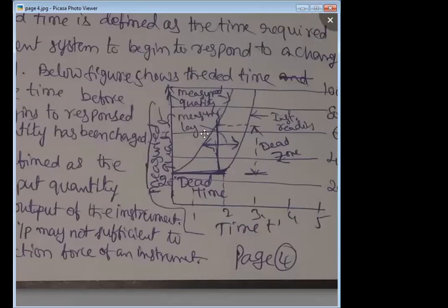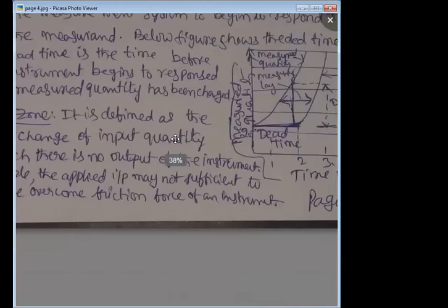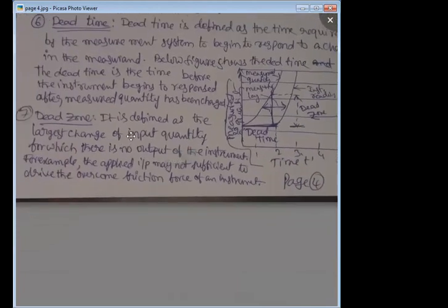We are increasing the input, but the instrument is not responding.